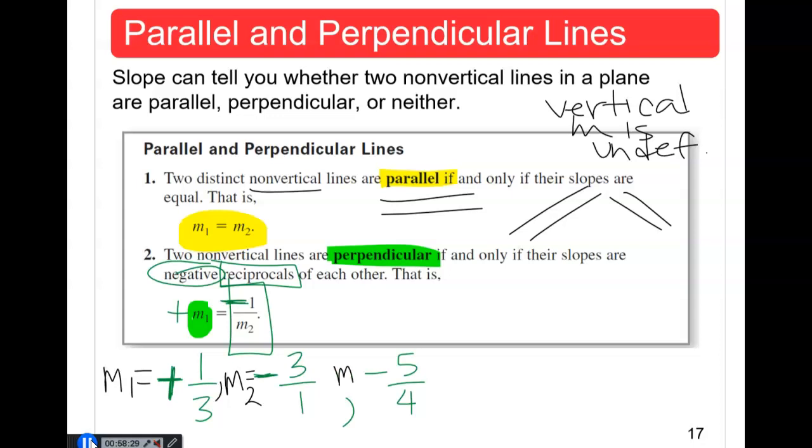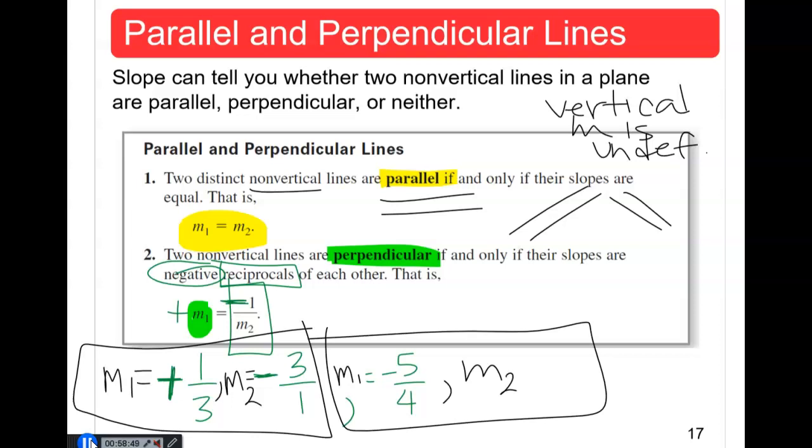If this is m1, then the slope perpendicular to it, m2, will be the reciprocal of those numbers, 5/4, so it will be 4/5. And because we start here with a negative slope, the other one will be positive. So it's going to go to the opposite sign.